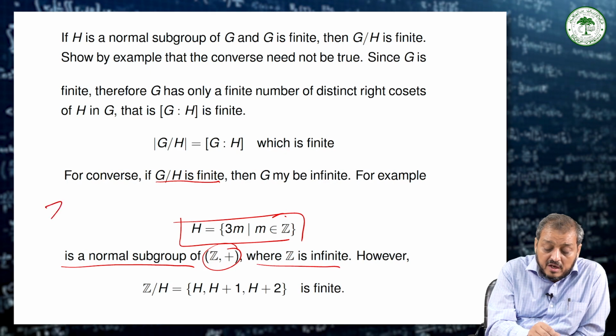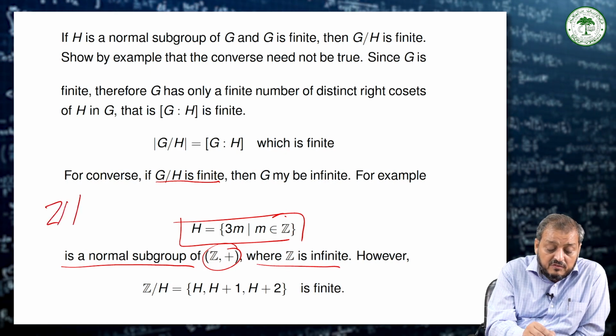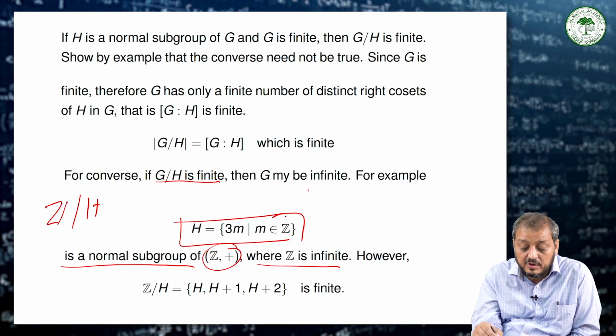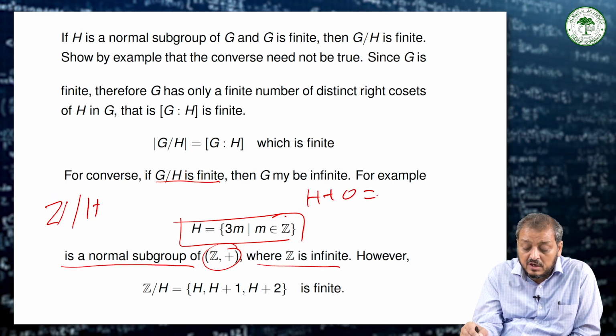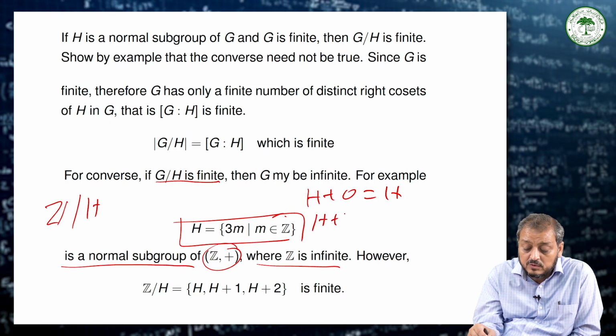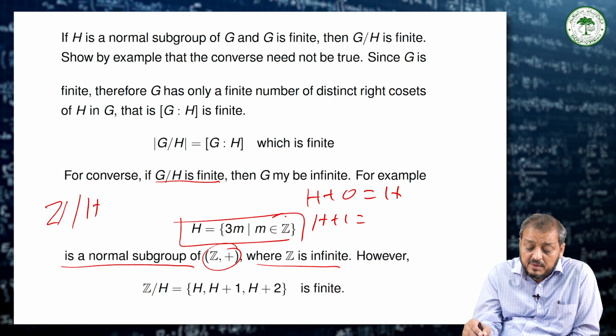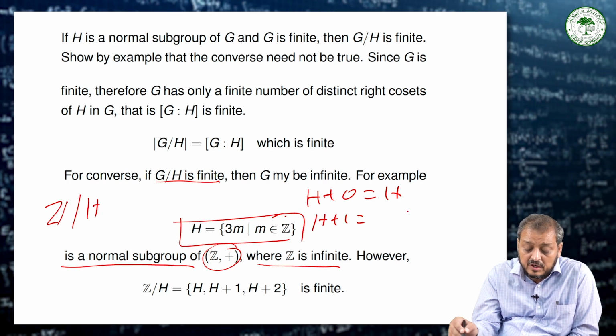However, if you take the set of integers with H and look at the cosets, H plus 0 is equal to H. H plus 1 gives elements like 3 plus 1, and so on.